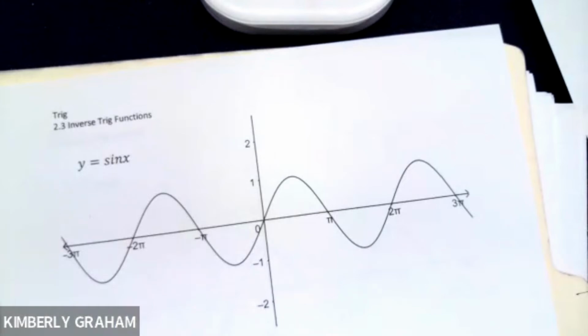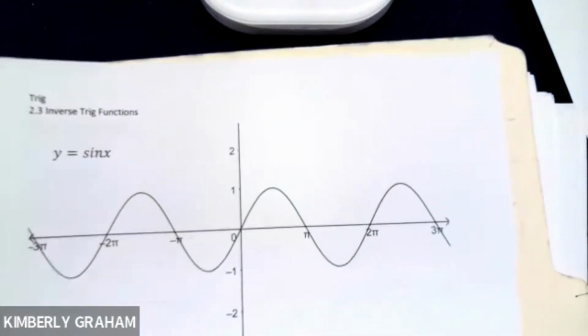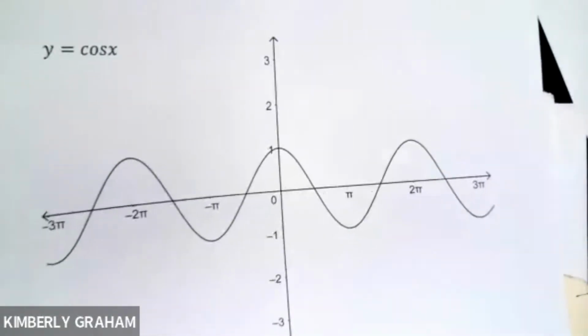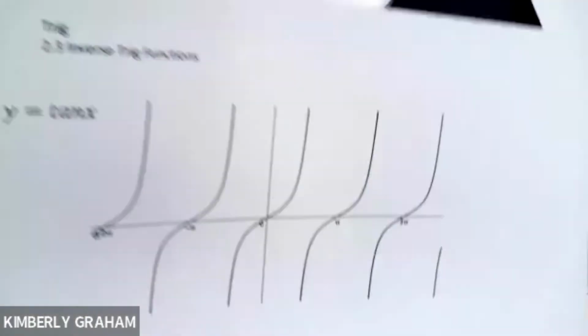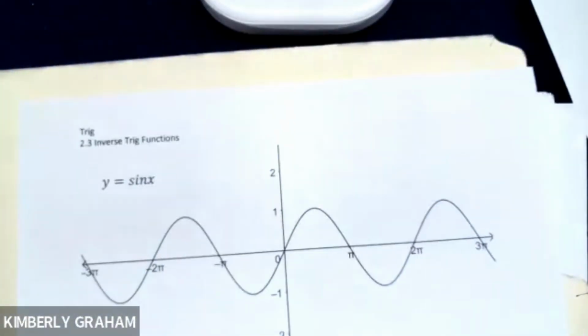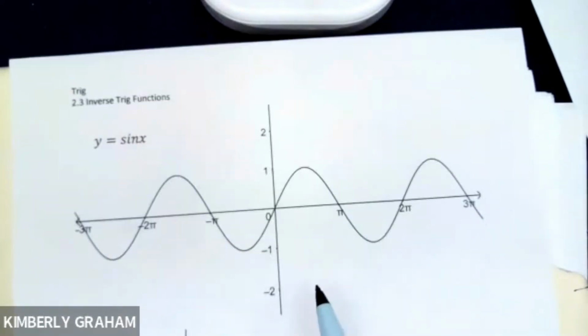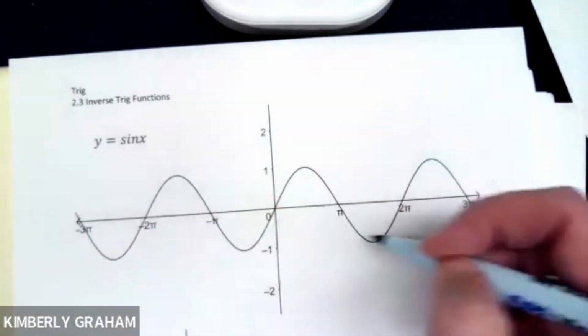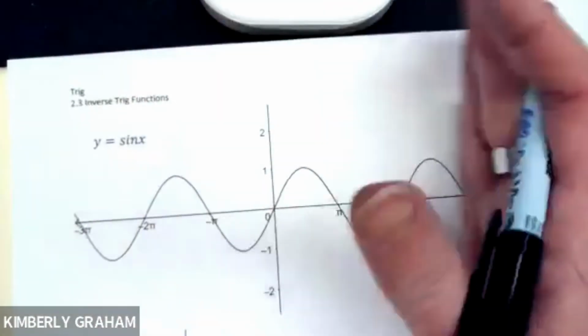Now I've got this graph of sine x, and I'm also going to eventually look at the graph of y equals cosine and y equals tangent here. So if you want to sketch this out real quick, you can, but you don't really need to. If I were to look at this graph, I could see that it's a function. I could use my vertical line test.